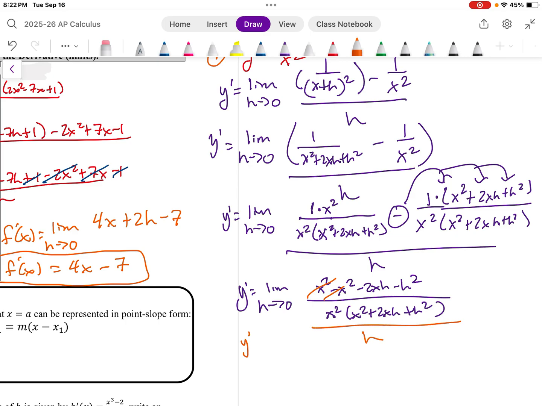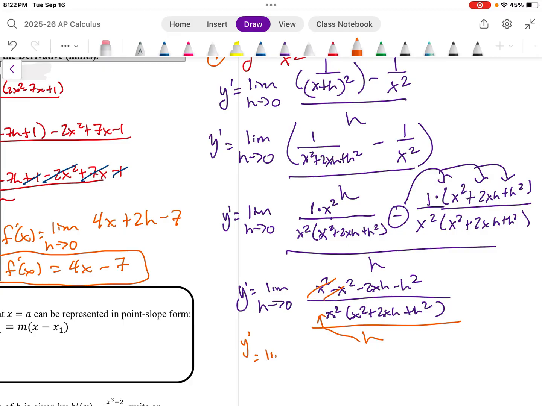Now, technically, that h there can actually be brought up to the numerator, and that's because of the keep, change, flip, multiply by the reciprocal thing taking place there.